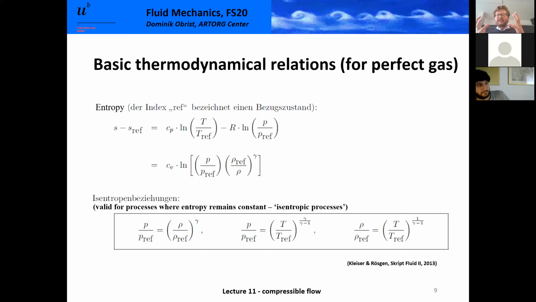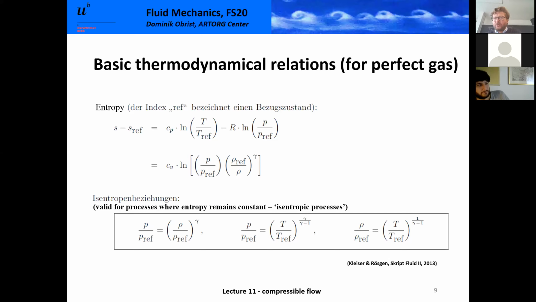So that means you can take a gas and it can change temperature, and density will change or pressure will change, and all of these are related. As long as the overall entropy does not change, these relations hold. Like the first formula here, which relates the pressure to the density.